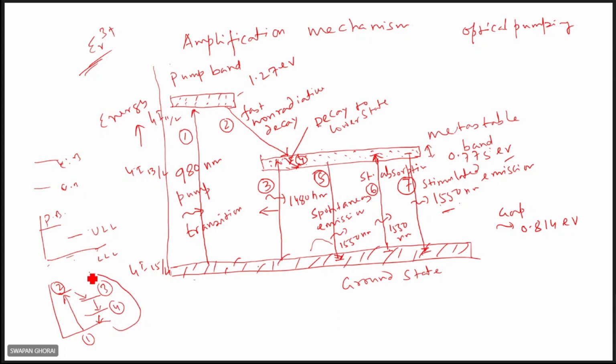This is converted to 3 levels when the ground level and the lower lasing level merge together. Then it is a 3-level system. Here you see a ground state, a pump band, and next an upper lasing level, or you can say the metastable state.